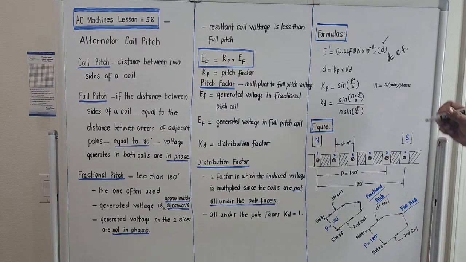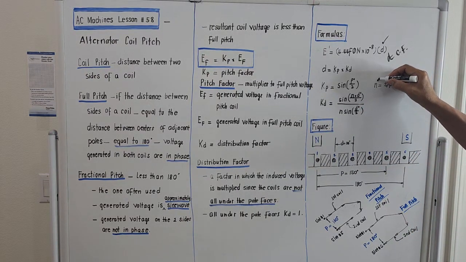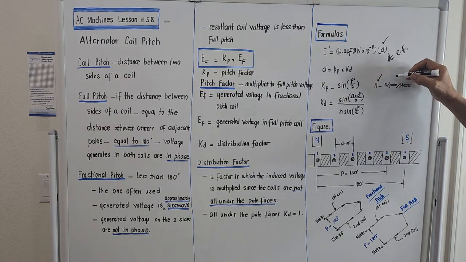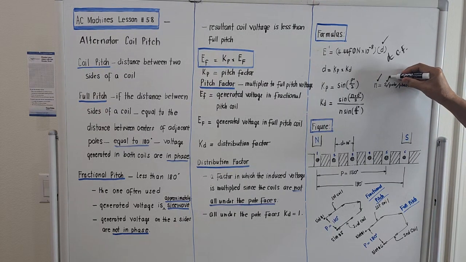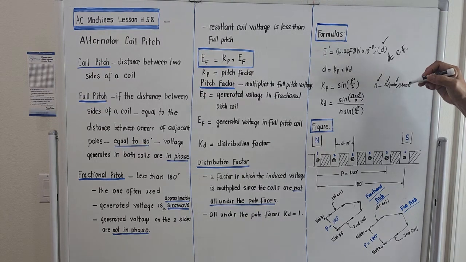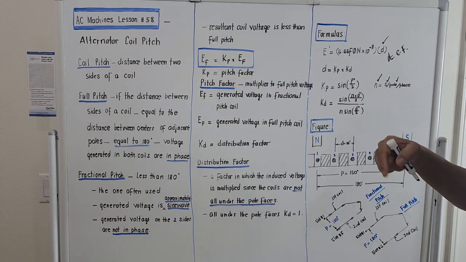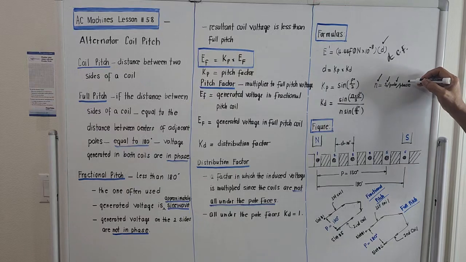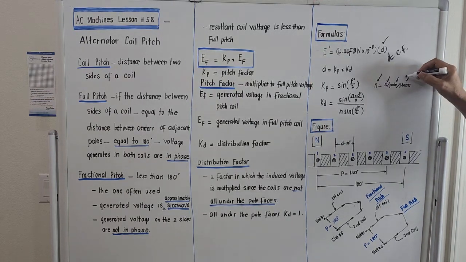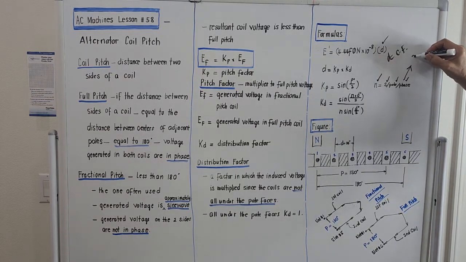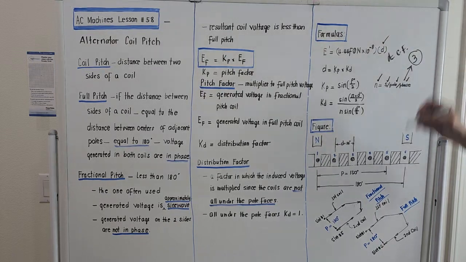The value n is the total number of slots of any alternator we are designing, divided by the number of poles of that alternator, which is always an even number, divided by the number of phases. For power generation, this is always three phase.